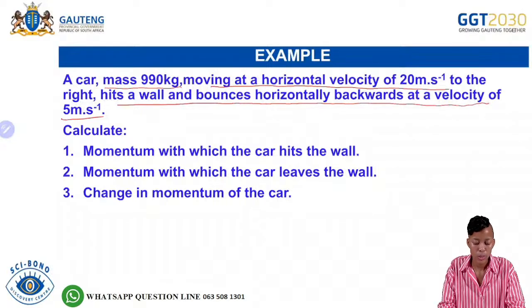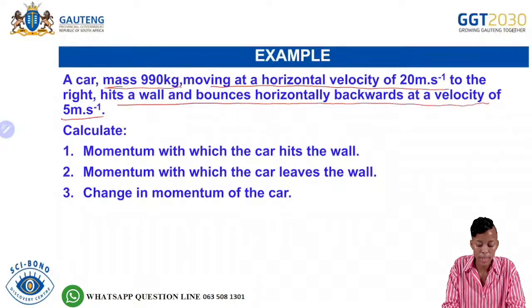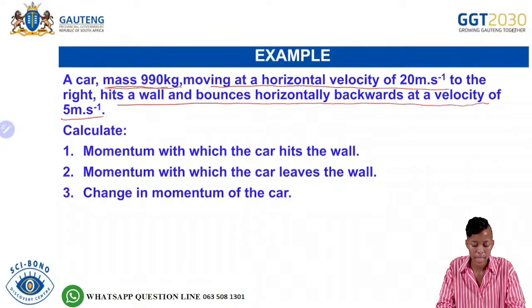So what is the first thing that we are going to do? We are going to collect our data. We have a mass of 990 kilograms. We have a car which is moving at a horizontal velocity of 20 meters per second. In which direction? To the right.